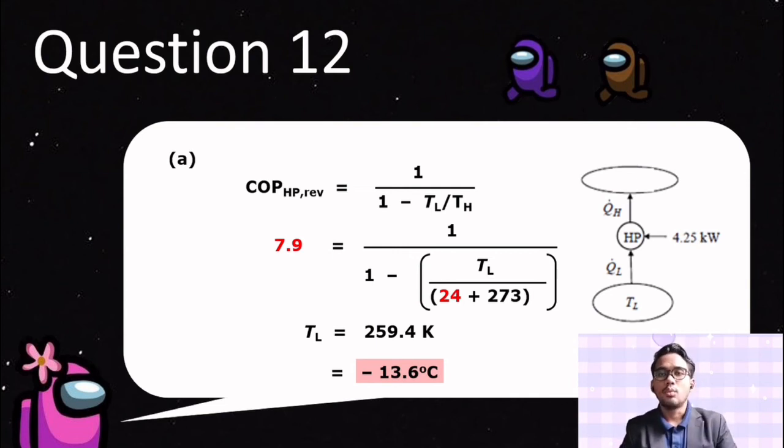Okay, after that we got the answer, temperature L equal to 259.4 K. After that we got the value in Kelvin, so we transfer it to Celsius, which is the final answer, negative 13.6 Celsius.